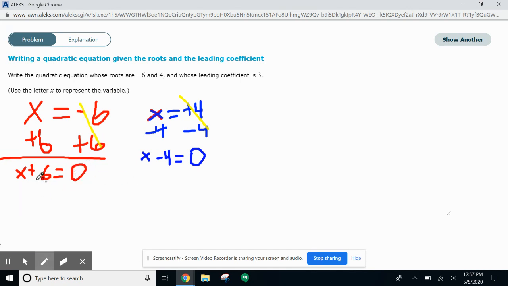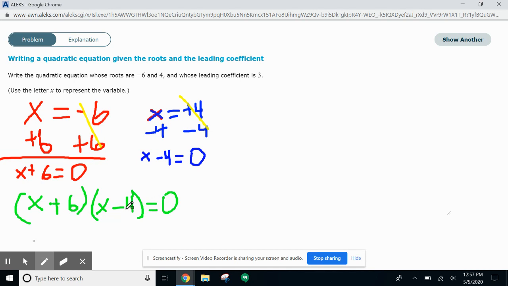So now my two factors are these two that I set equal to 0. I can write it as x plus 6 and x minus 4.